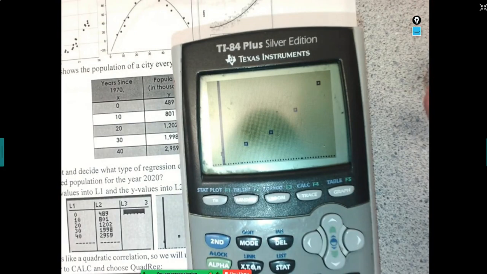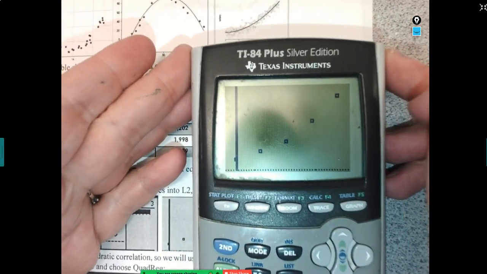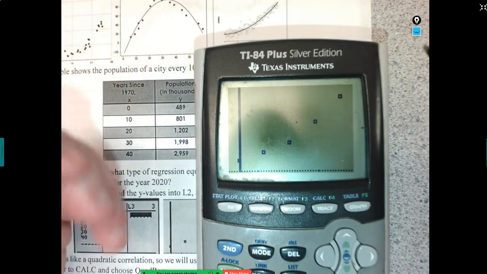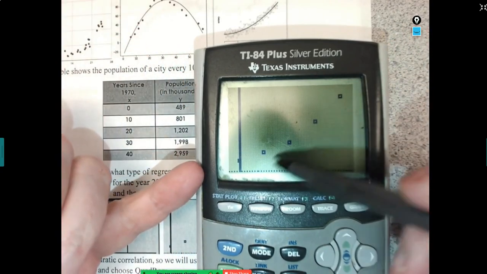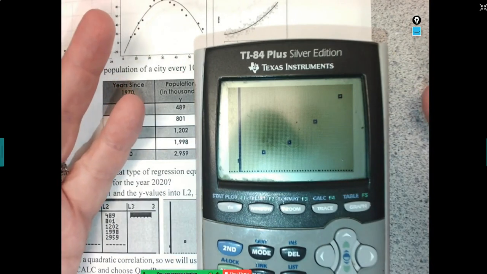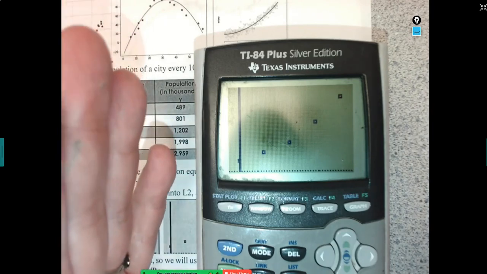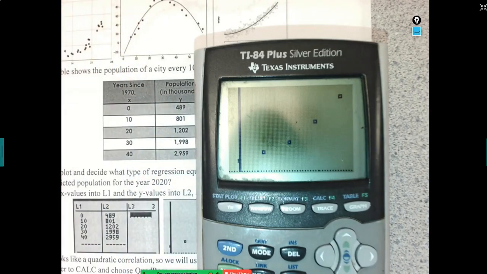Now, the question here would be, well, what if I'm doing the departmental homework assignment and I wrongly classify this as linear instead of quadratic? Well, there'll be a point taken off for that. But if everything you do after that is right, so you get the correct linear regression equation and you answer the specific question correctly using it, you'll be given credit for it.